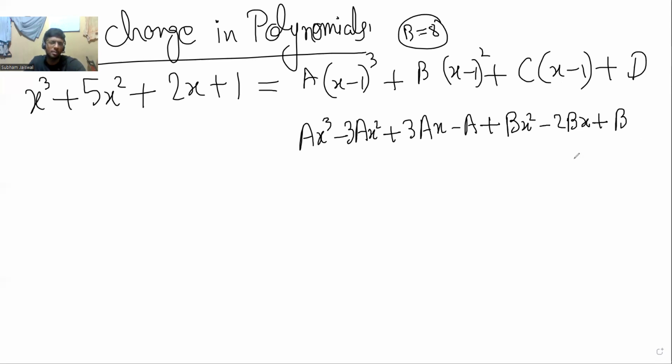Now, Aparna, now you can begin to continue. Or you can tell me now what the problem is. So okay, let me just say this small thing, that A is 1 is clear because we compare the coefficient of x cube. So A is 1. Now to find the other things, what kind of thing do you have to do?